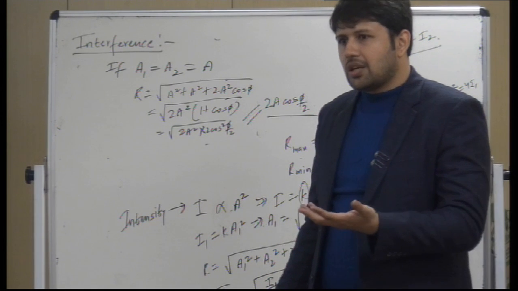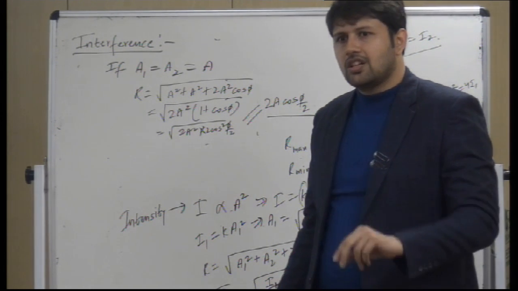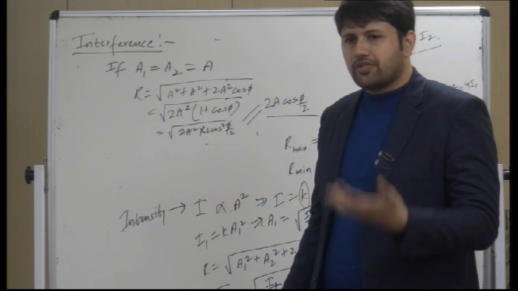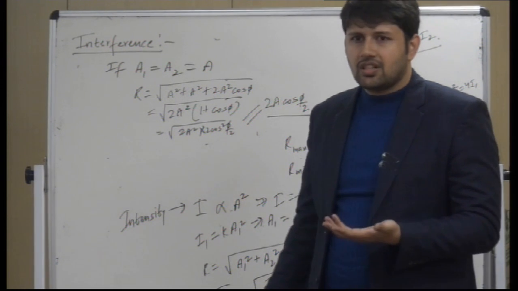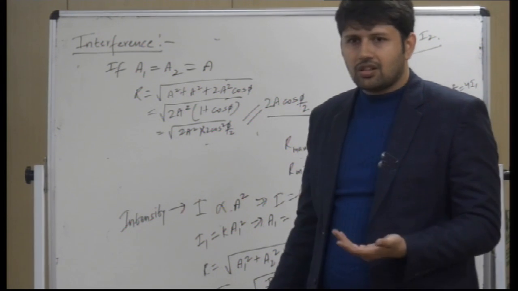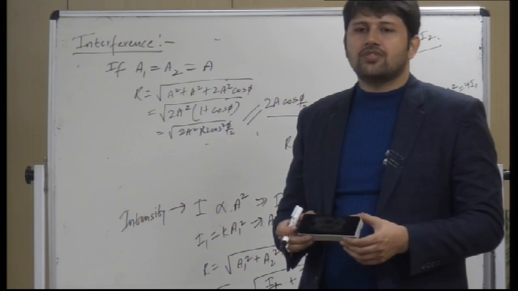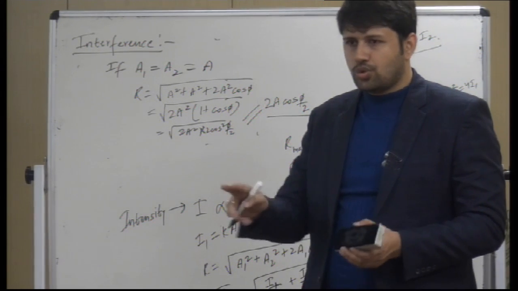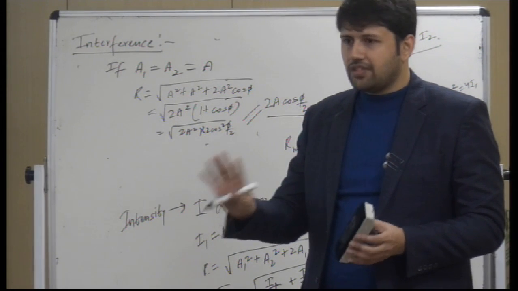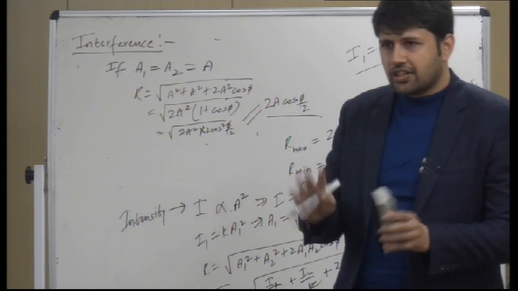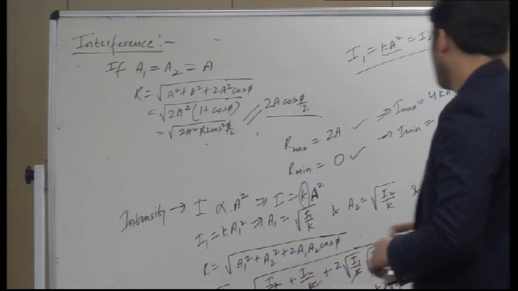Interference is a game of just two sources which produce waves of the same frequency, or coherent waves. So we would discuss coherence, and a few more ways in which we can produce two coherent waves which can interfere. Okay, so can I erase this?